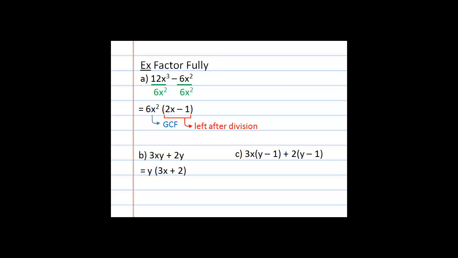If I have 3x times x minus 1 plus 2 times y minus 1. This is now taking a similar example, so if I look at B, we're going to compare this to C. If you look carefully at it, you'll notice that instead of having y, all we've done in part C is replace the y with a binomial, which is y minus 1. Okay? In part C, I still have two terms.